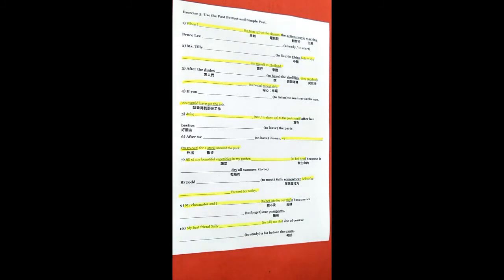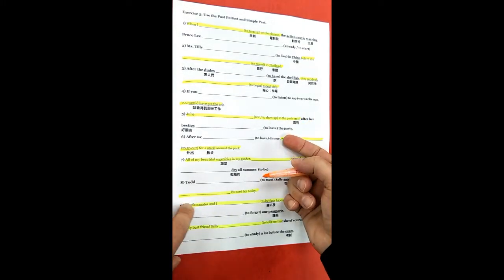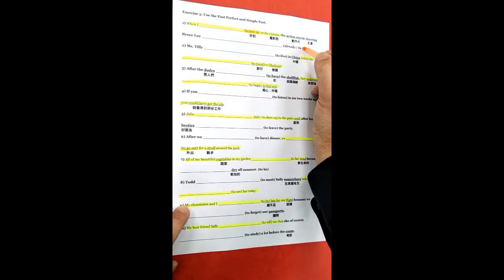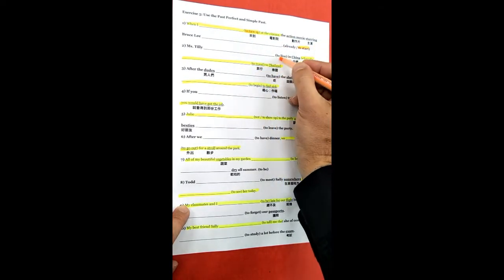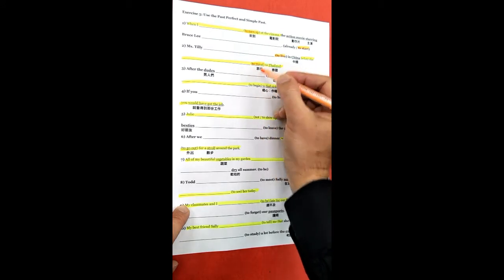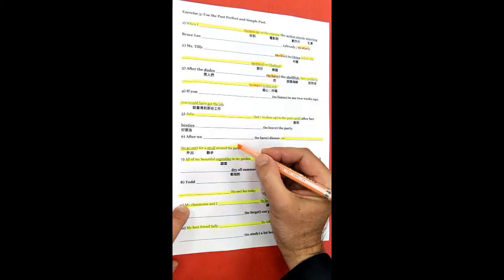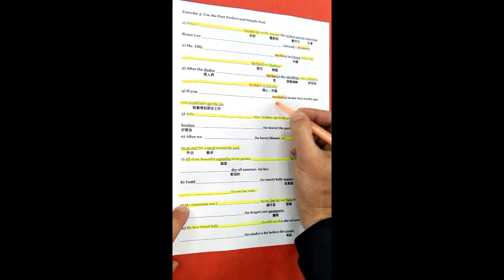All right, let's color the verbs. Remember, each sentence has 2 verbs. 1, to turn up, to start. 2, to live, to travel. 3, to have, to begin. 4, to listen.